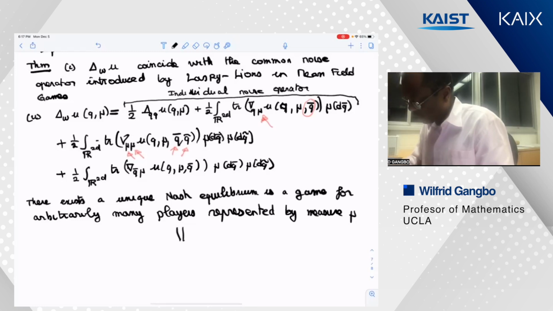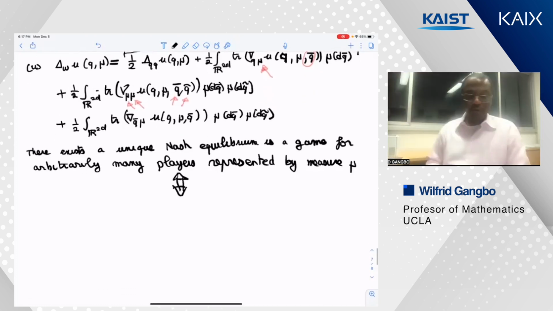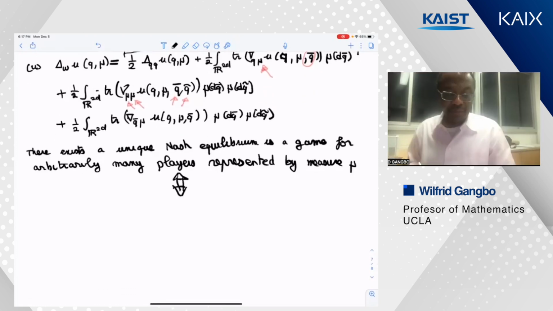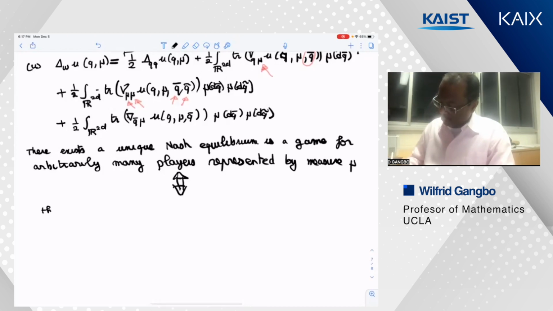This is equivalent to showing that the following PDE admits a unique smooth solution.